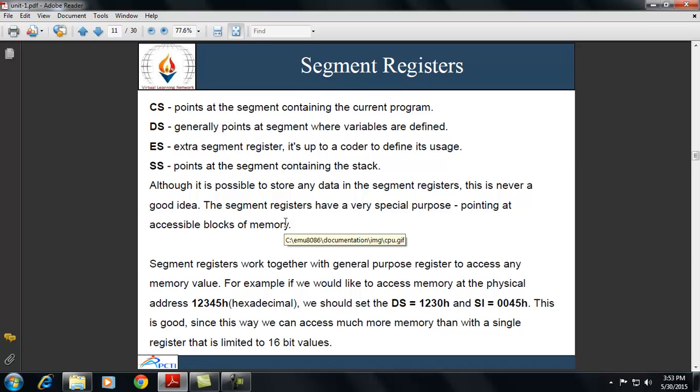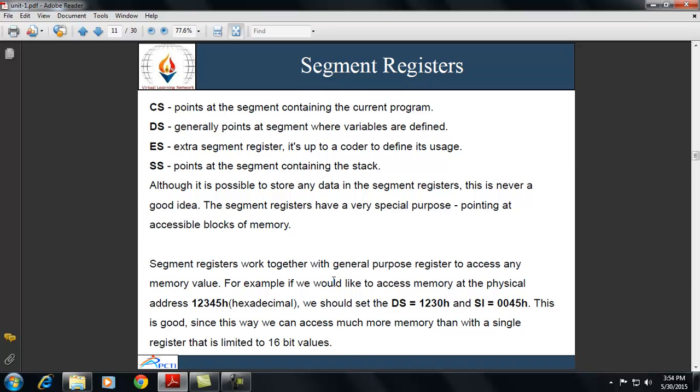DS generally points at the segment where variables are defined, that is data segment. Next one is extra segment register. It's up to the coder to define its usage, and SS, that is stack segment containing the stack. Although it is possible to store any data in the segment registers, this is never a good idea.